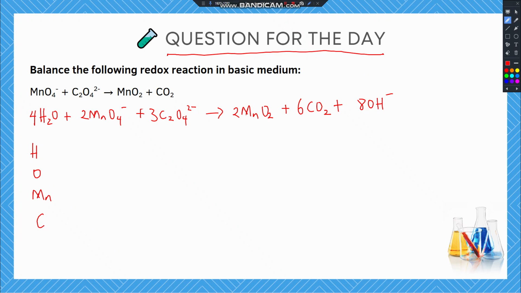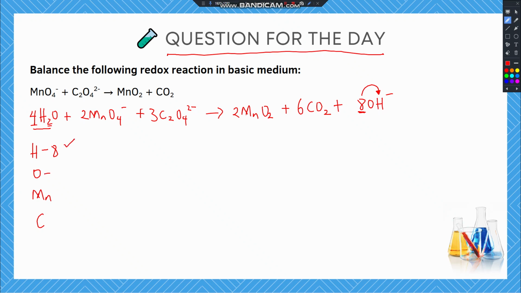On the left side, how many atoms of hydrogen do we have? We have 4H2O, which combines a coefficient of 4 and a subscript of 2. 4 multiplied by 2 gives us 8 on the left hand side. On the right hand side, we also have 8 hydrogen atoms because this coefficient of 8 affects this hydrogen as well. So hydrogen is balanced.